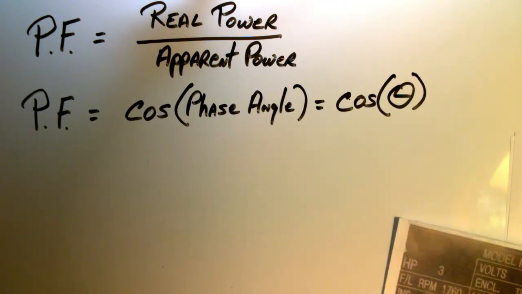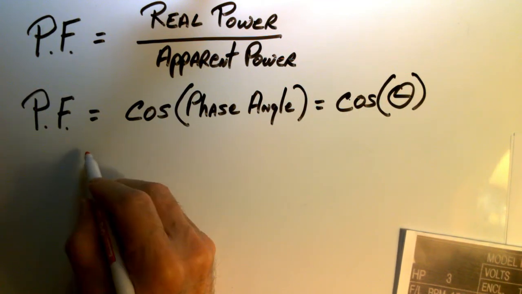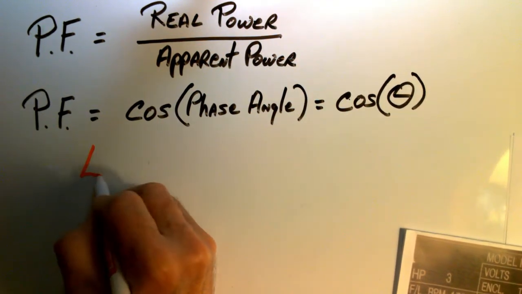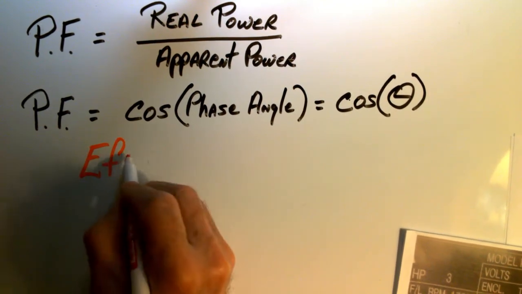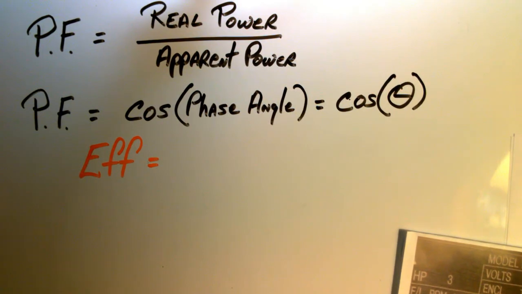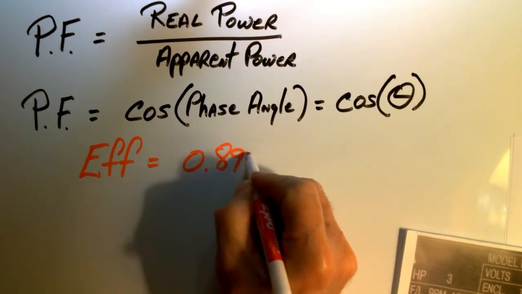So we'll step right down here for just a second, and let me get a different color. And let's note that in the nameplate, our efficiency, I'm going to call it EFF, is equal to 0.895.